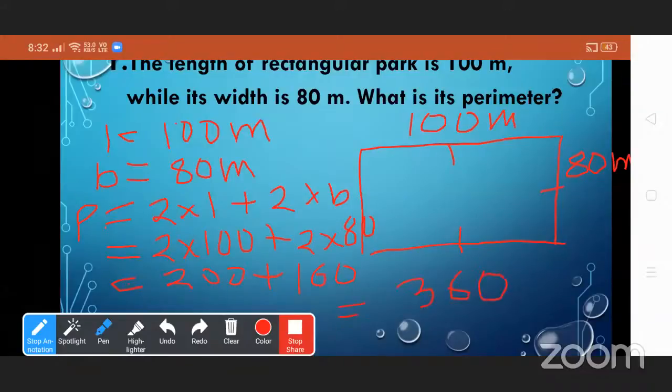So the perimeter of the park is 360 meters. Good.